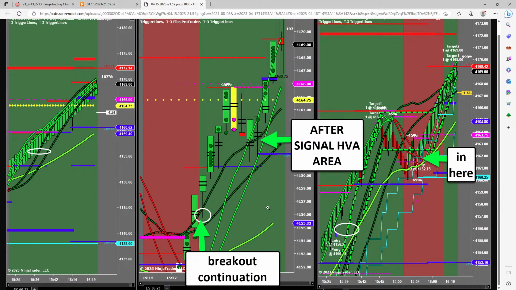So for me, the answer is yes, but wait for an up bar just in case they go down a little bit more. So I got in a little bit late, but it still worked out okay. So this is more, instead of just getting in right here.